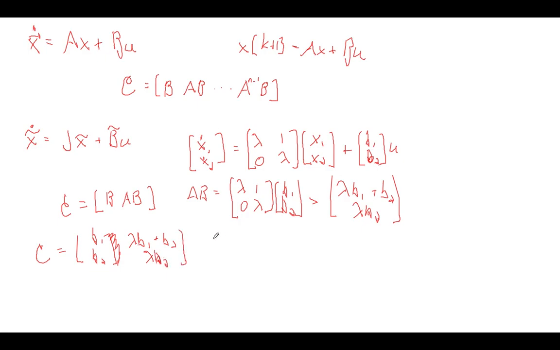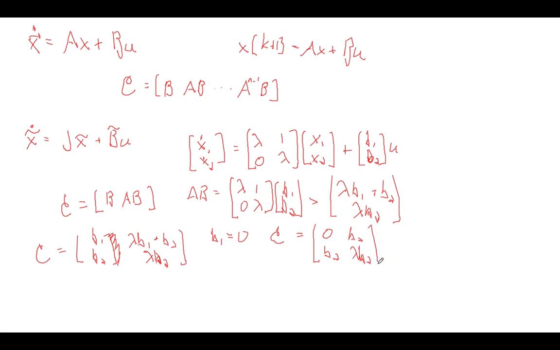So now let's look at what happens if, for example, B1 is equal to 0. Okay, let's say B1 is equal to 0. Then what that does to my controllability matrix is this becomes 0, B2, B2, and lambda B2.